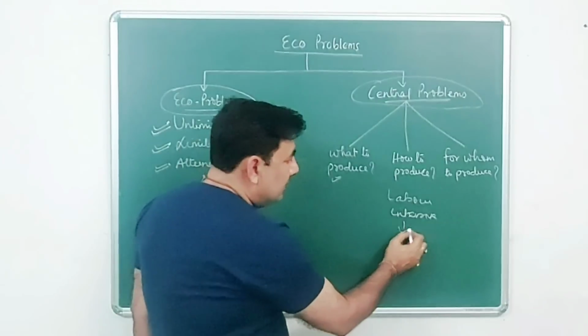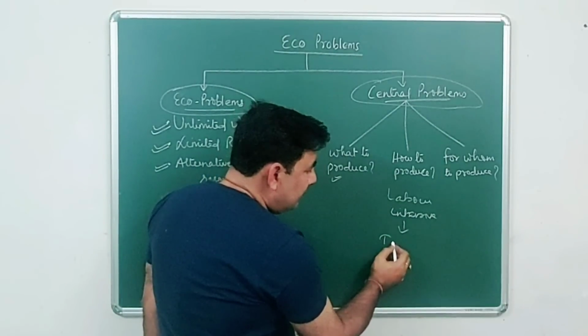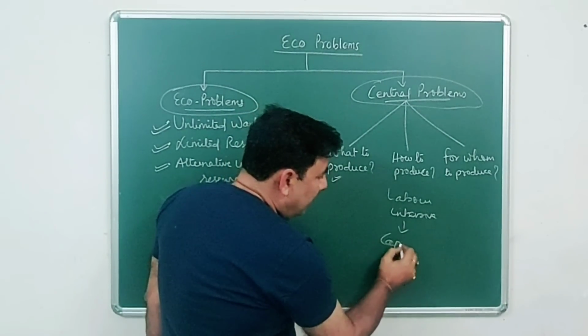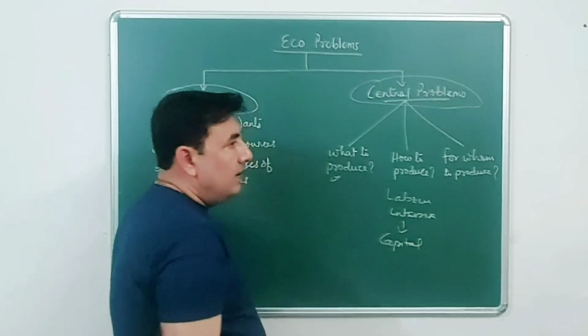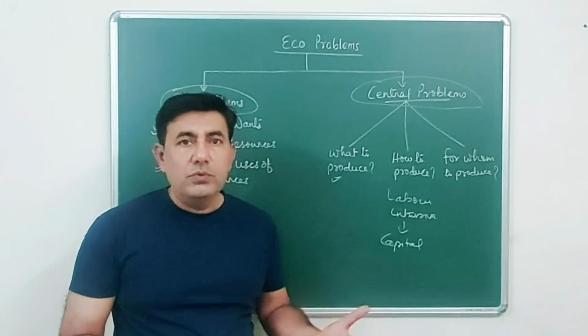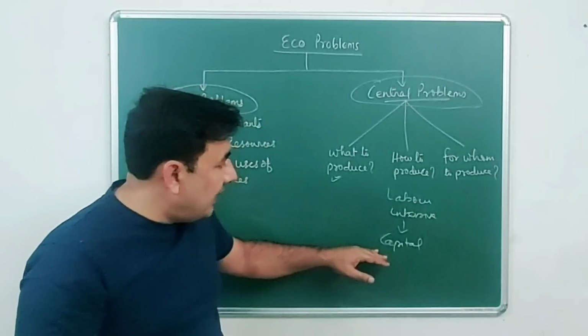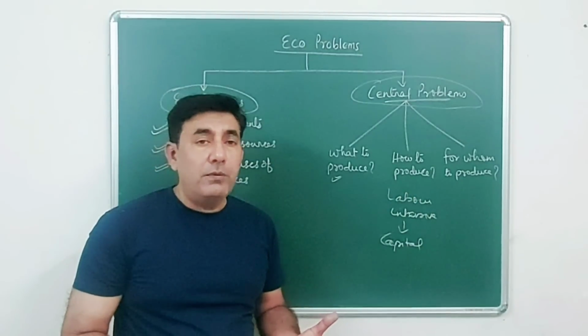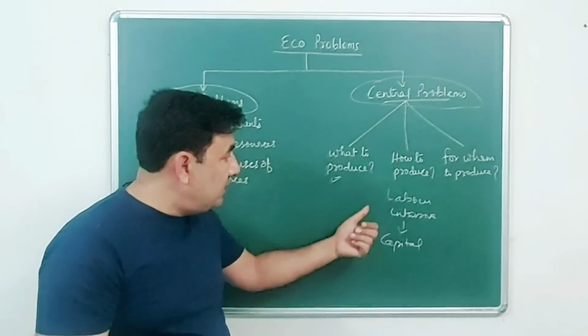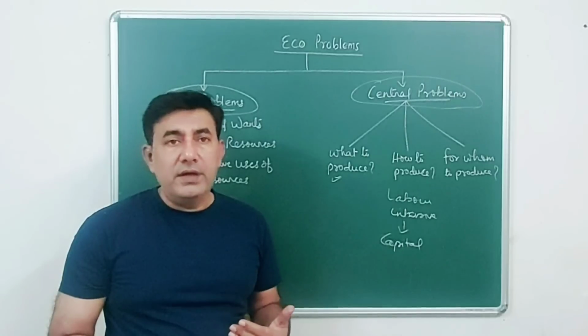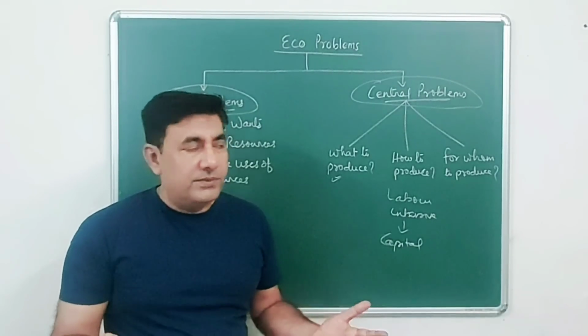And the other type is capital intensive. So here we have to use more of capital and technology and machines to make production. So the country has to decide, because if we use capital intensive, the unemployment problem may arise, and if we use labor intensive, we will be a backward technology. So बहुत सारे problems हैं.